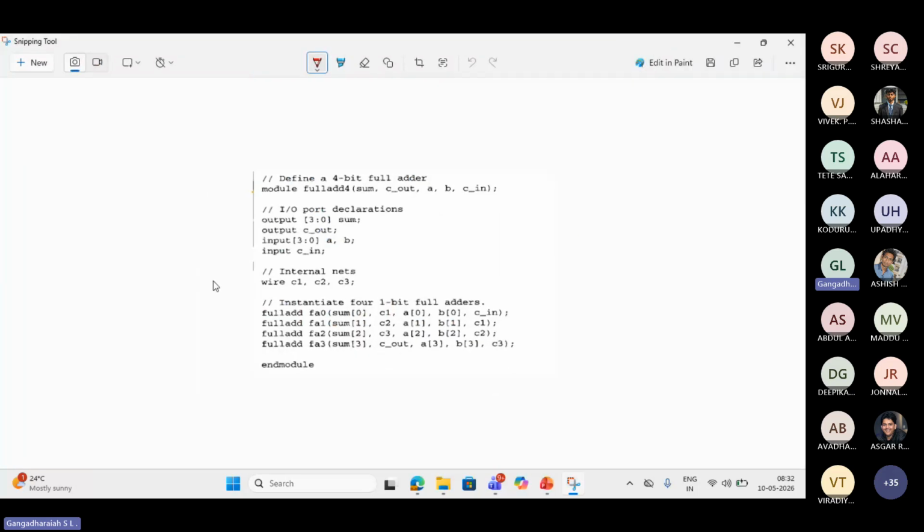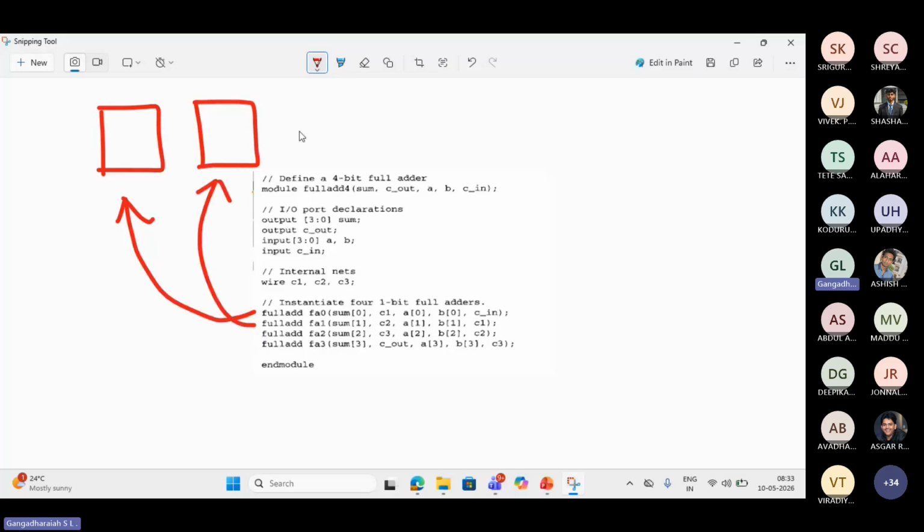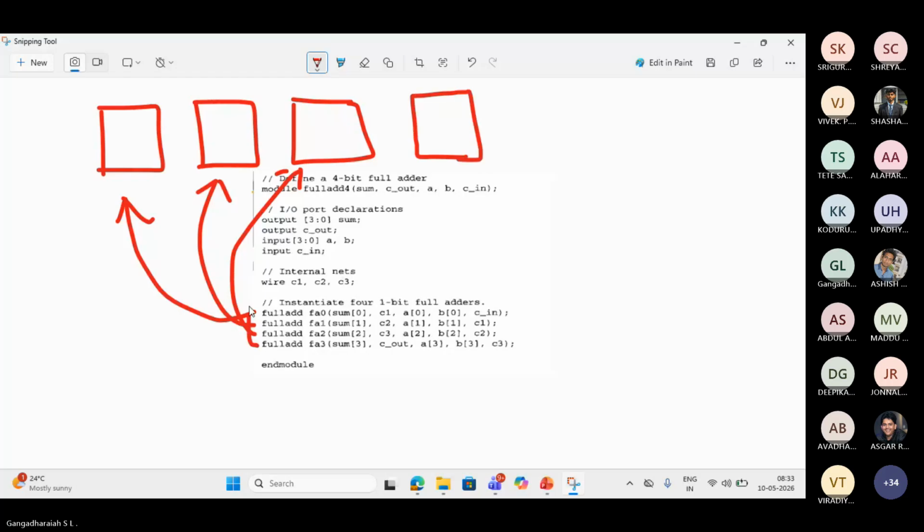So what I'm trying to do is, let's say I have this one full adder. I want another copy of the full adder, and another, and another.